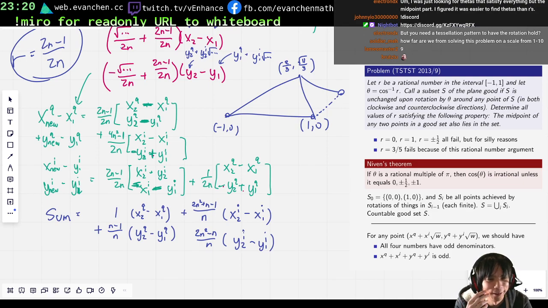Shoot, what's the claim? I expanded the whole thing out. Why won't it work?